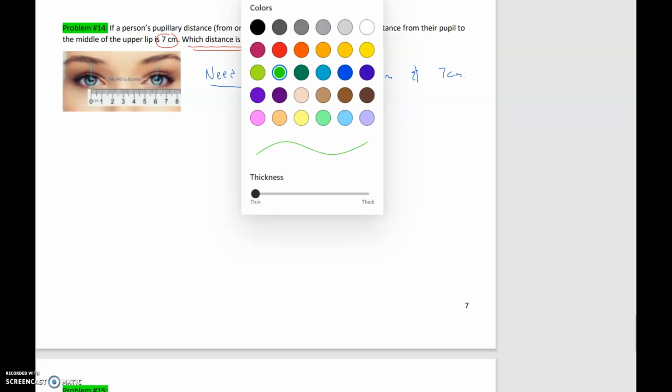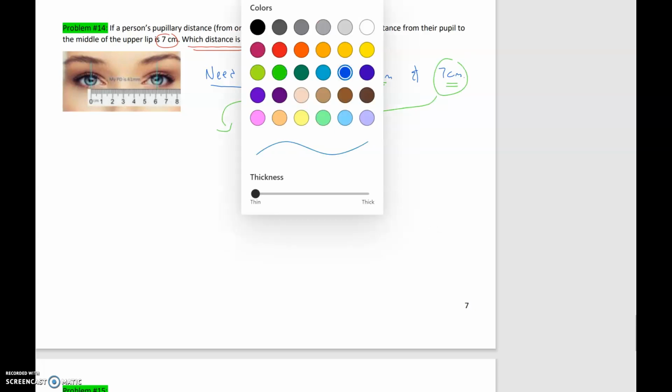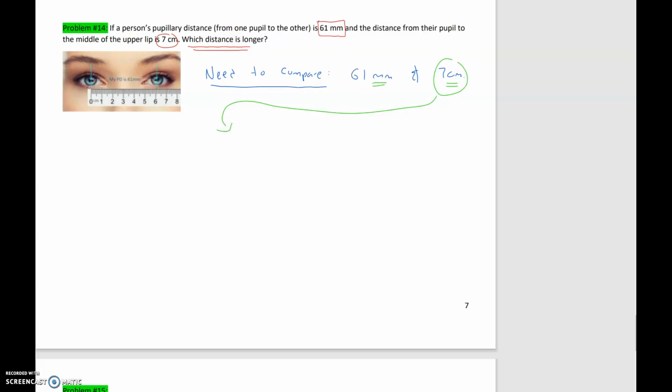Now, the basic problem that we have here is that we don't have a common unit. And I think it'll be easier if we just start with the 7 centimeters and change it into millimeters. So in this case, 7 centimeters is going to be equivalent to the following. Let me go to the conversions.